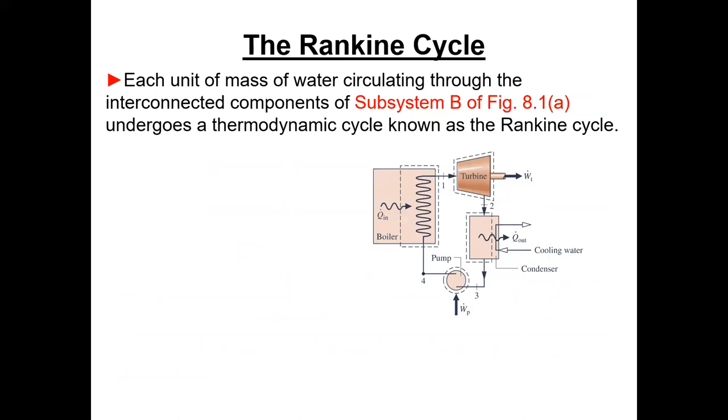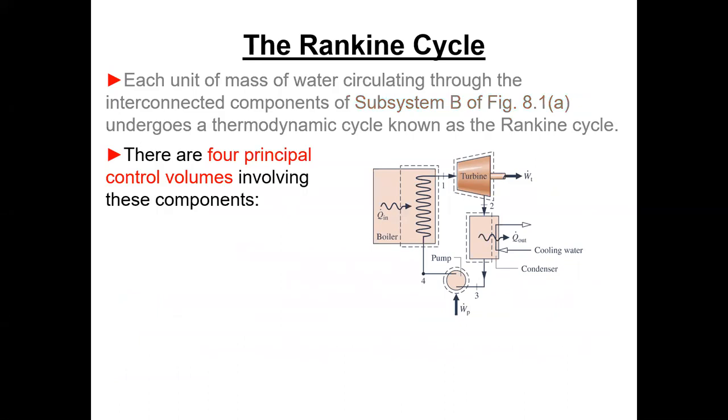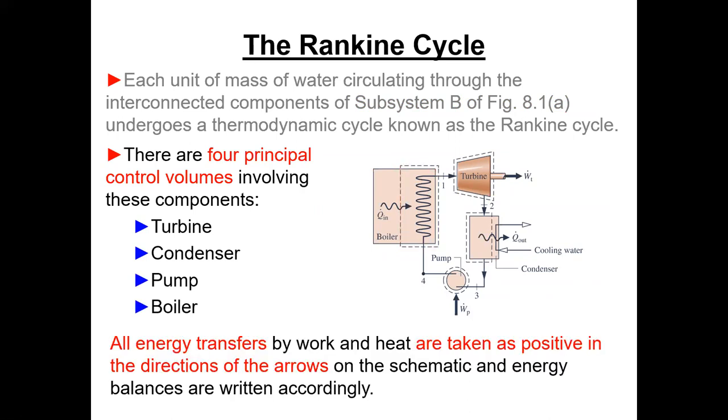Okay, each unit mass of water circulating through those components that we have defined undergoes the Rankine cycle. And of course, I think we're pretty familiar with the four principal control volumes involving the equipment here. So we've got the turbine, the condenser, the pump, and the boiler. So that's pretty simple.